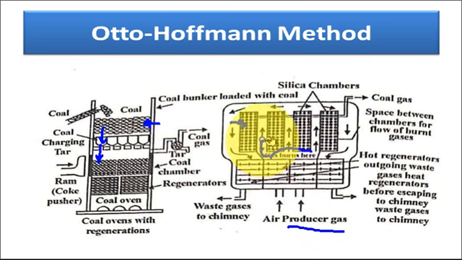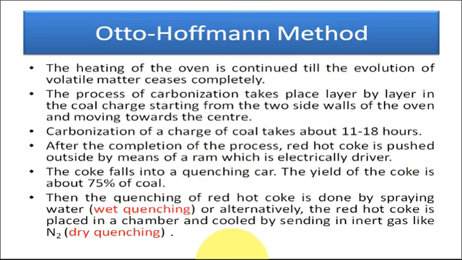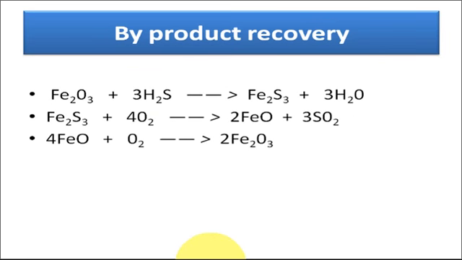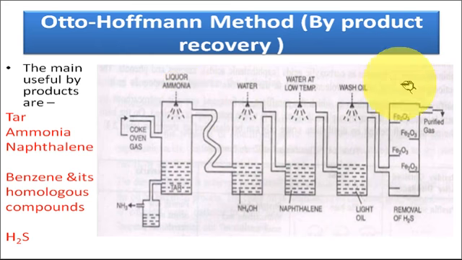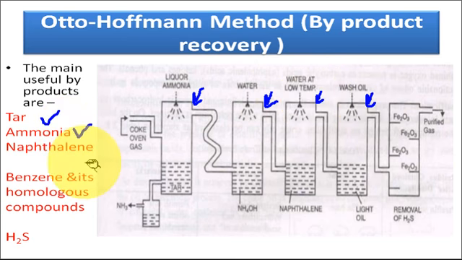The energy released by producer gas is utilized for the carbonization process. The side product is released as coke oven gas, which is collected separately for recovery purposes. For this purpose, various types of recovery plants are used to recover each byproduct: tar, ammonia, naphthalene, benzene, H2S, and finally purified coal gas is recovered.